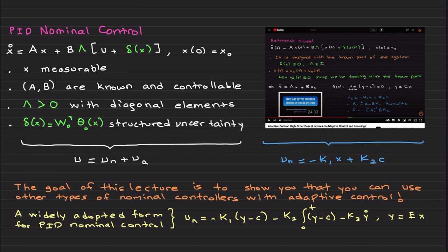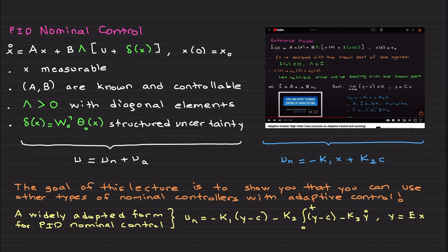But PID control, for example, in my lab, when we purchase an off-the-shelf quadcopter or some aerial platform or some ground vehicle, they come with already tuned PID gains, PID controllers. And on top of their existing PID nominal control, we insert adaptive control. So we also use PID as a nominal control as well.